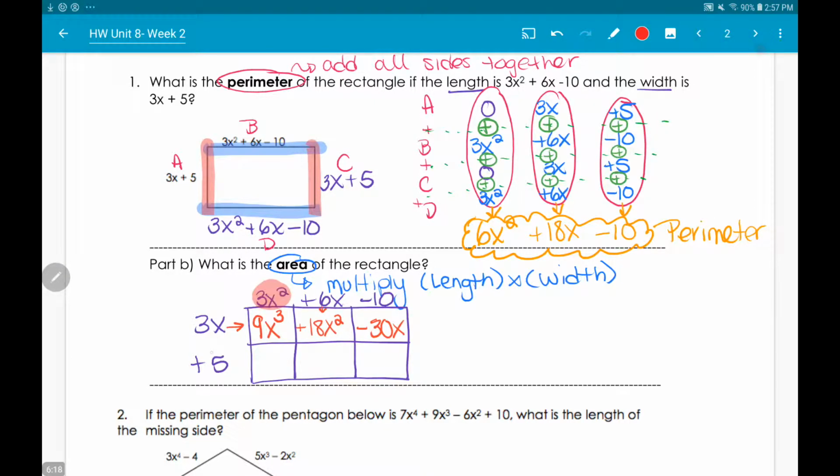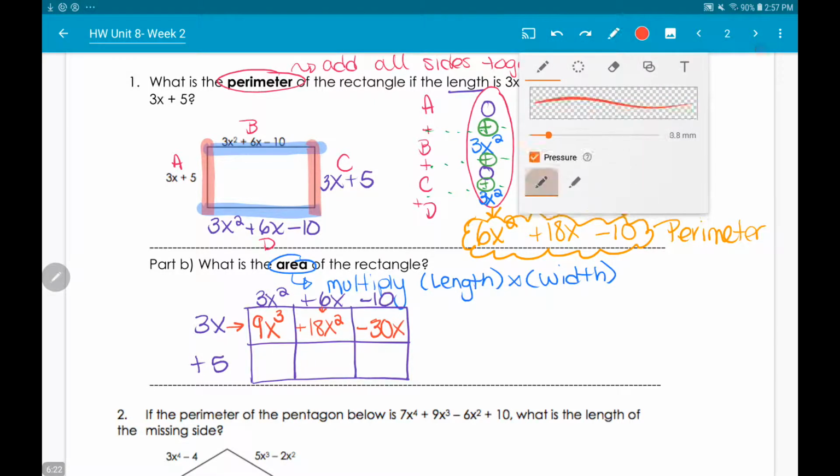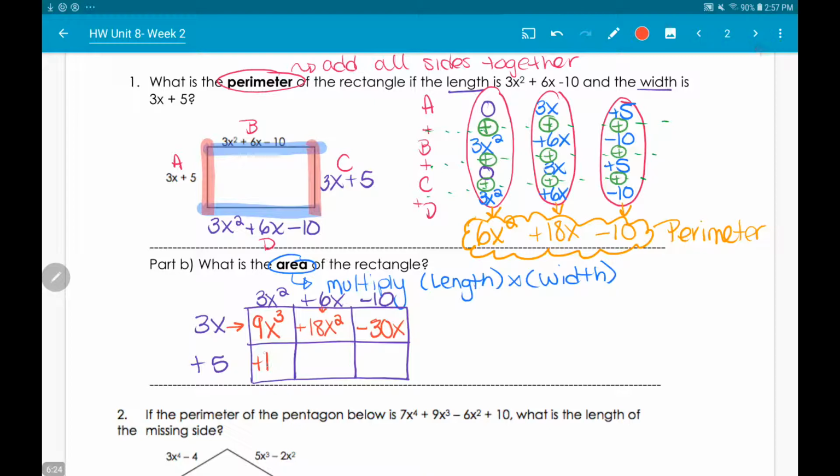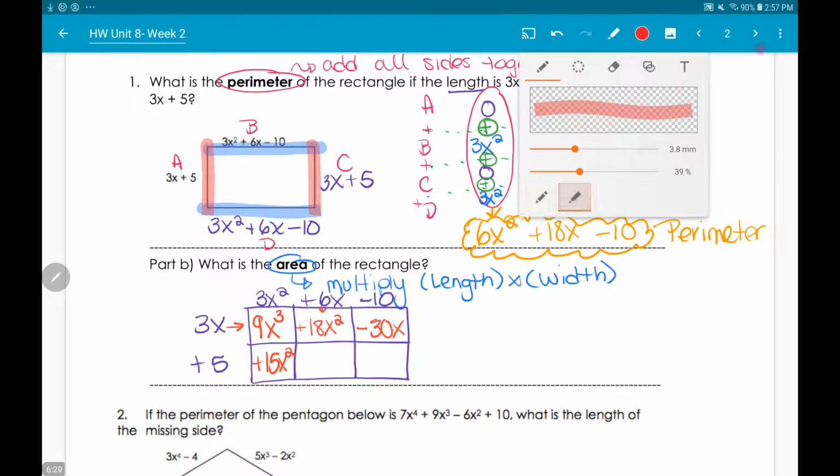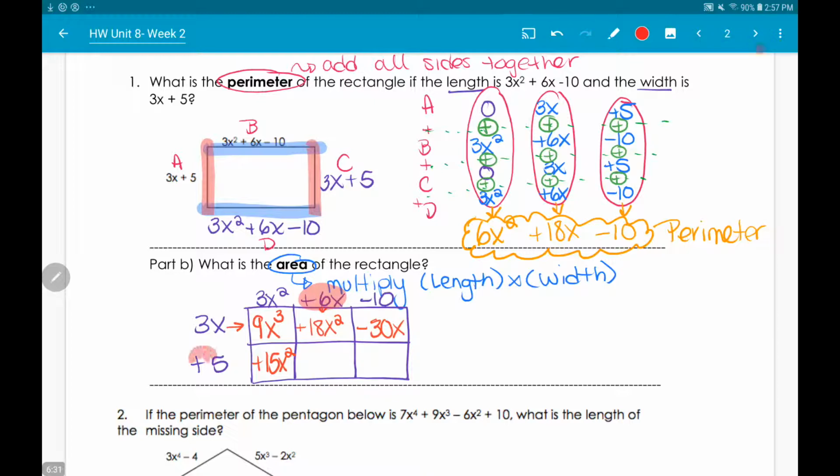Now I'm doing 3x squared times 5, which gets me 15x squared. Six x times 5. That's 30x. And lastly, negative 10 times 5 is negative 50.